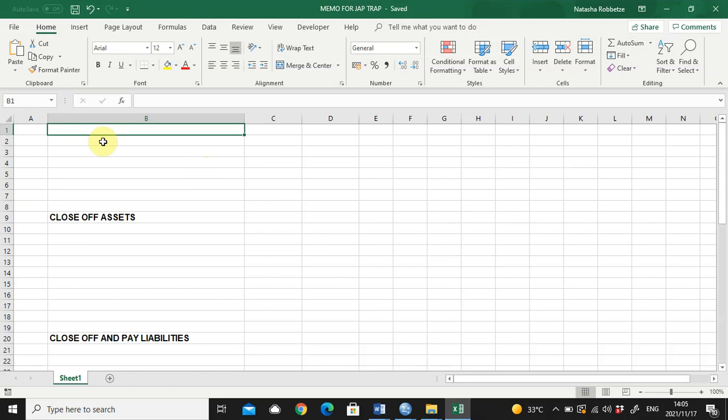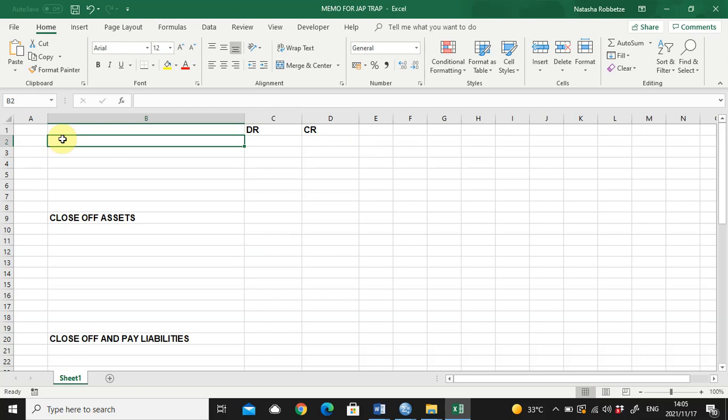So if I look at the accumulated depreciation there, it's 800,000. I already typed my 7 steps on the memo so that we don't have to waste time by typing out the words in the steps. So in the first instance, we will have to close off the accumulated depreciation.